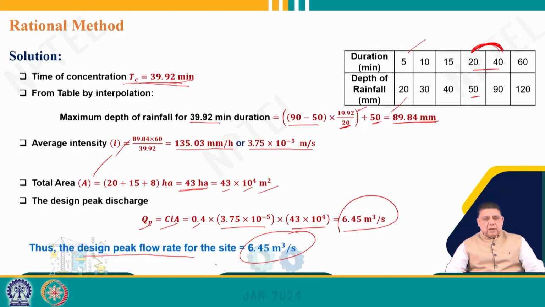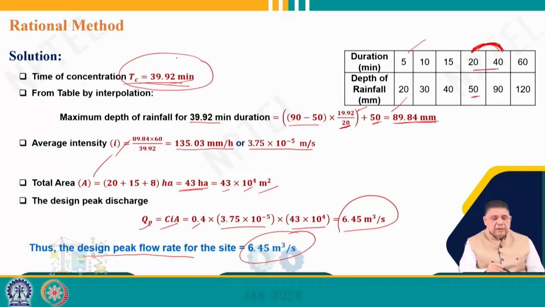So, that is how we saw one of the most popular methods, the rational method of peak runoff rate determination, and how it can be used under different conditions and given data. Just to recall, the important thing is that we have to determine the time of concentration, for which we need the length and elevation characteristics of the watershed.